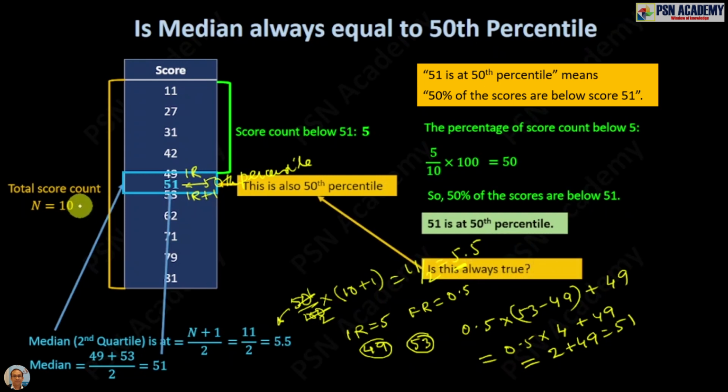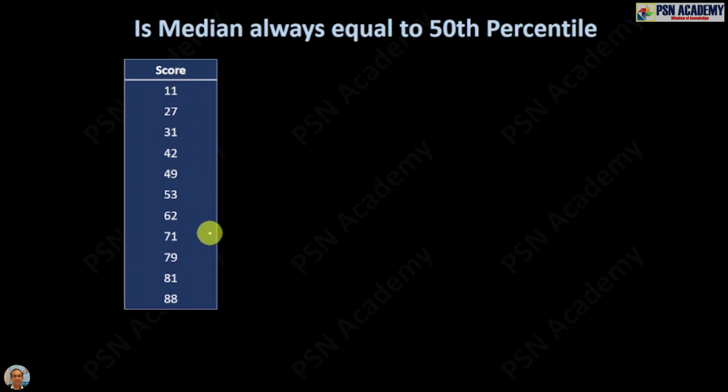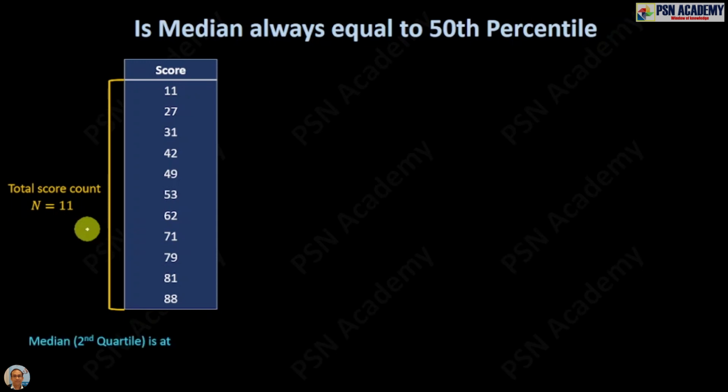So the question is, is this always true? So let's say, suppose we have these scores and now the score count is 11. So it's odd. So go for the median, n plus 1 by 2, that is 12 by 2, and that will give you 6.